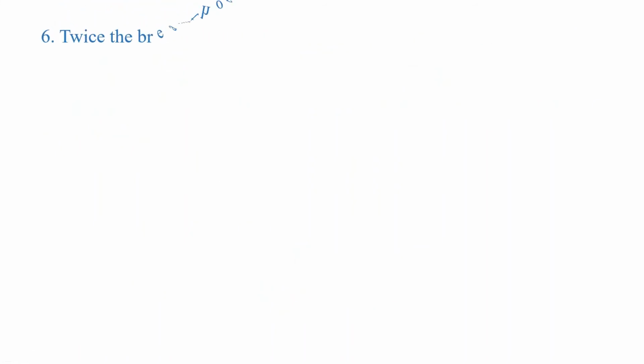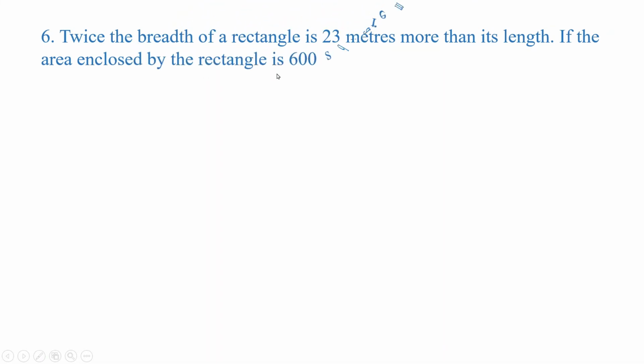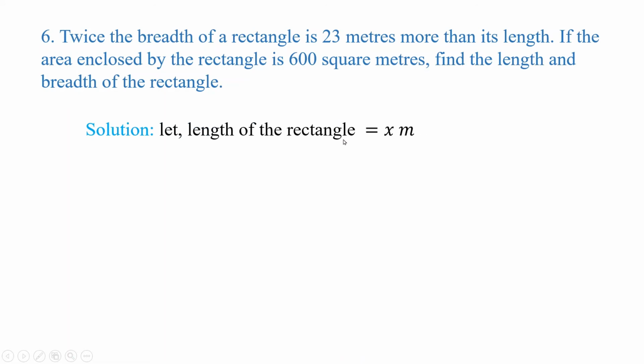Now problem 6. Twice the breadth of a rectangle is 23 meters more than its length. If the area enclosed by the rectangle is 600 square meters, find the length and breadth of the rectangle. Solution: let the length of the rectangle be x and breadth of the rectangle be y.